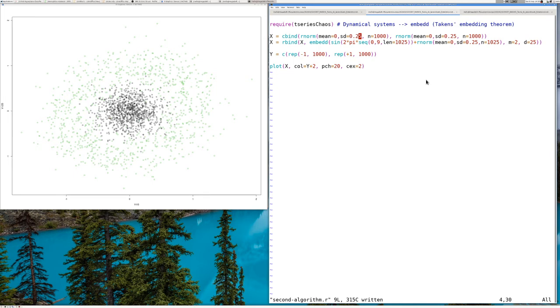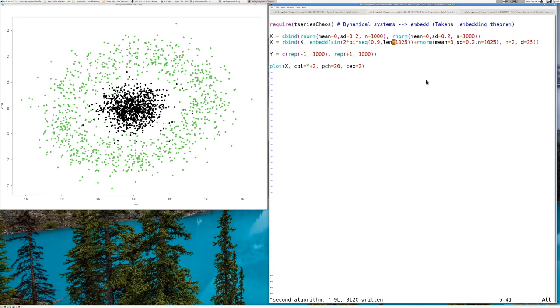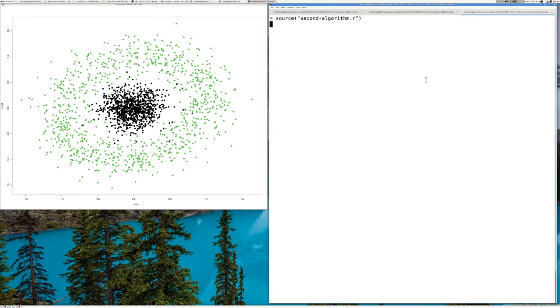Maybe I will reduce my noise to 0.2 instead of 25, and here also 0.2 instead of 25, just to make it less stochastic, even less. I think it would be 0.15 over here. I think that's enough for our second example before going to more complex examples.